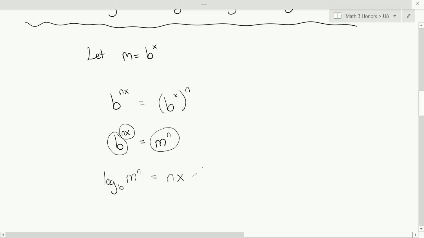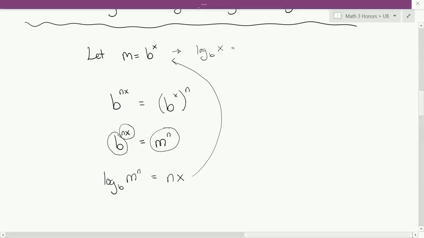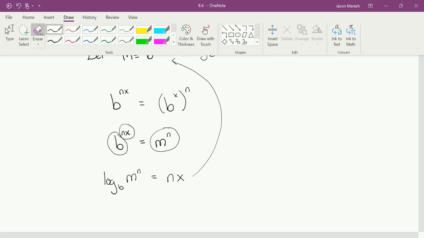So then we're going to move back right up here and take a look at m is equal to b to the power of x. Change that to log form and we get log base b of x. I did something wrong. What did I do wrong? Oh, no, okay. That's what I did wrong. I didn't put the argument there.